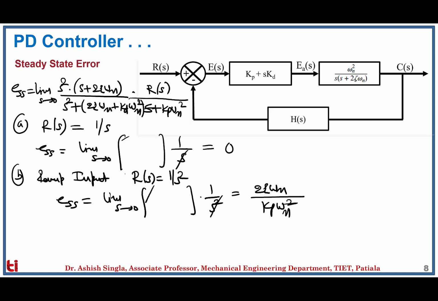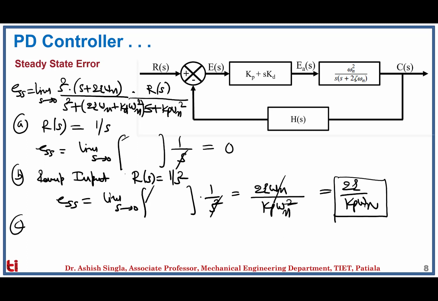So this term omega n will cancel, so the net result is 2 zeta by kp omega n. So that is the steady state error in the case of a ramp input, and here we can clearly see that there is no contribution from the kd side, which we also concluded in the last session, which means that the derivative controller has no bearing on the steady state error. So that we can also conclude from this expression.